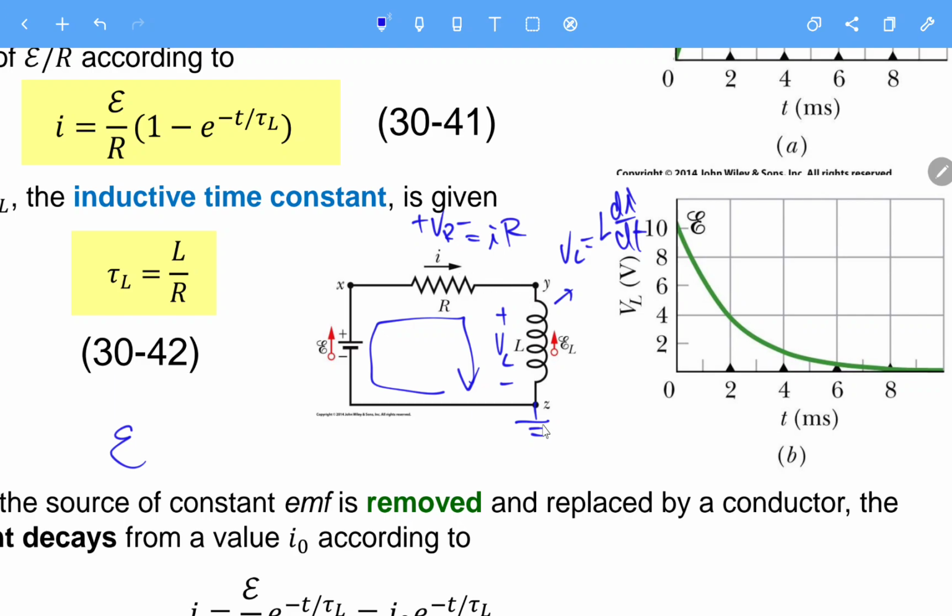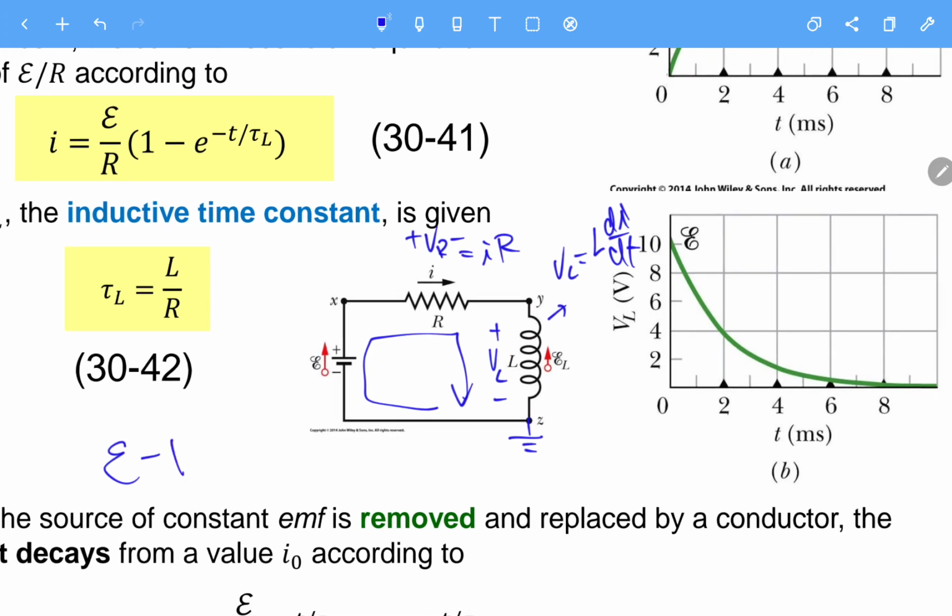So it should be going down, which means we can subtract this V out. You can consider this is positive, this is negative, so we should subtract VR, and then also here plus minus. So we should subtract VL, and then going back to this point, it should be 0.